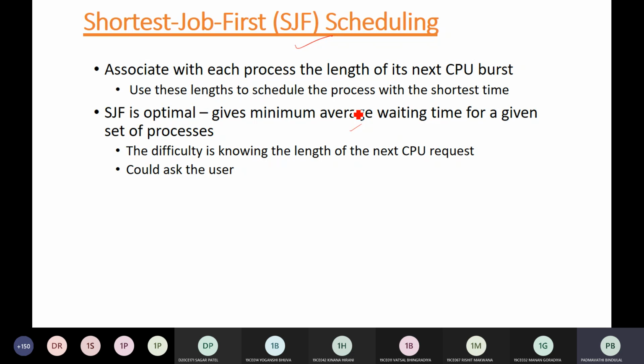It is quite easy to tell when the jobs are given and you visibly know the burst time of each process which job takes the shortest time. But in real time it will not be like that, because the processor does not know in advance how many seconds a job is going to take to execute. So you are not sure what the length of the next CPU request will be.